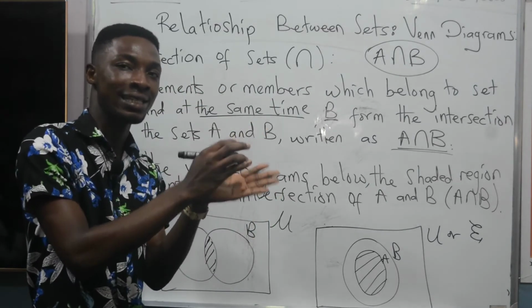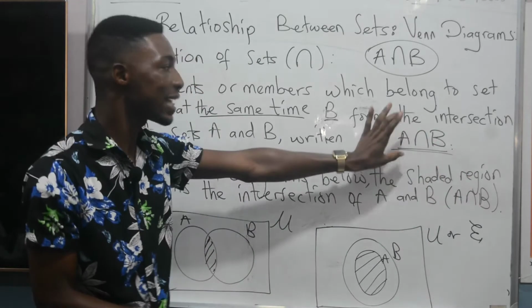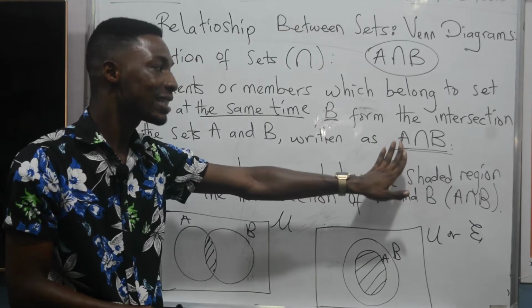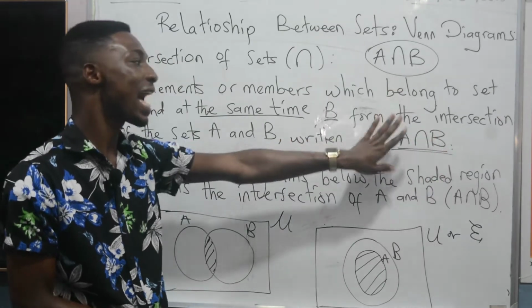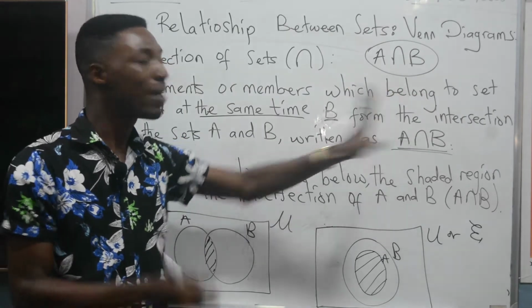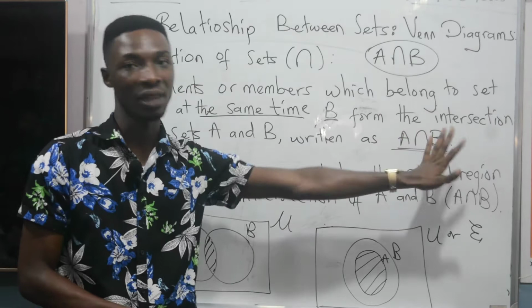And I call that set the intersection of the sets A and B. So this is a set, but it contains the members of A that can be found in B. At the same time, it is in A and it is in B. Such members are put together in this set called the intersection of A and B.